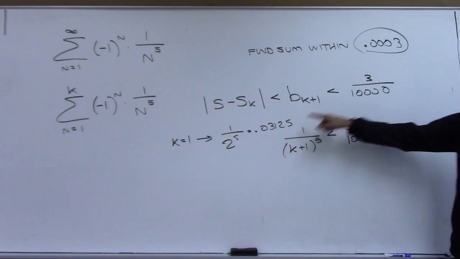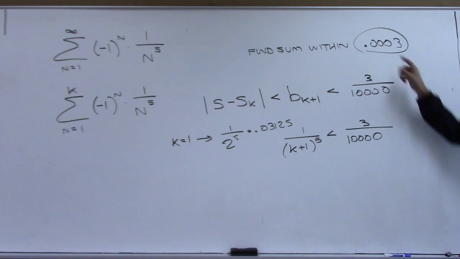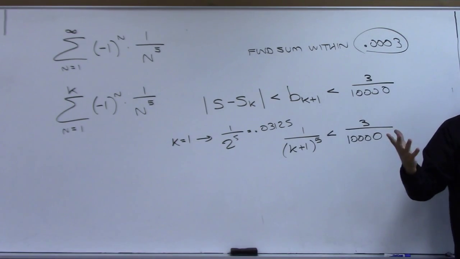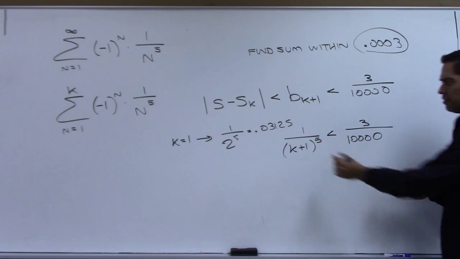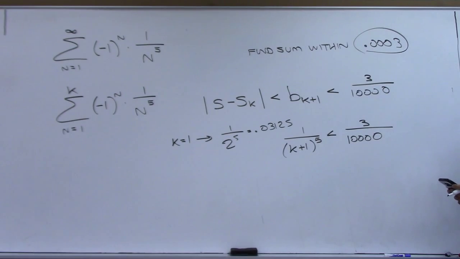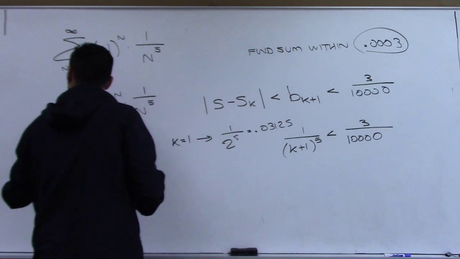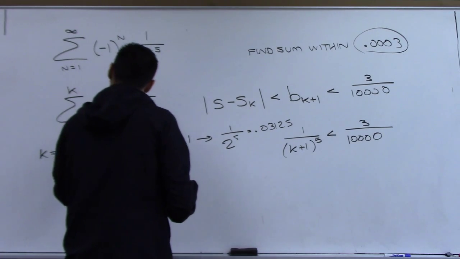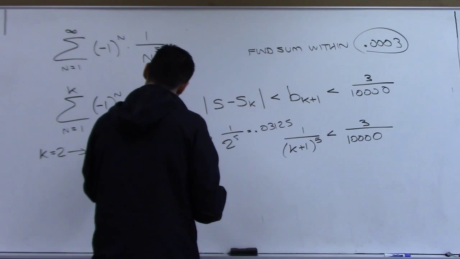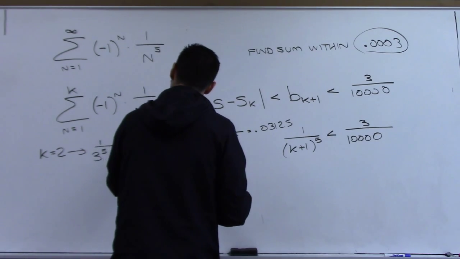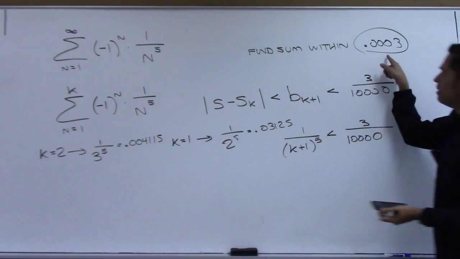Is that number smaller than this number? No. So taking the first number is not enough. So let me do k is 2. If k is 2, this is 1 over 3 to the 5th. Y'all with me? So if k is 2, I get 1 over 3 to the 5th, which is 0.004115. Is that smaller than this?